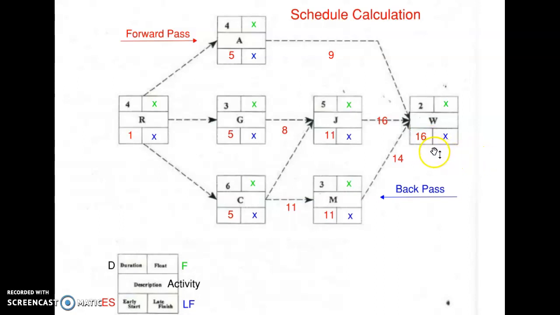So now, since W is 2 days in duration and it can't begin until 16, I know that this last day here is going to be 18. So 2 and 16 is 18. Spread that out a little bit like that. And so the duration on this particular project is 18 days.